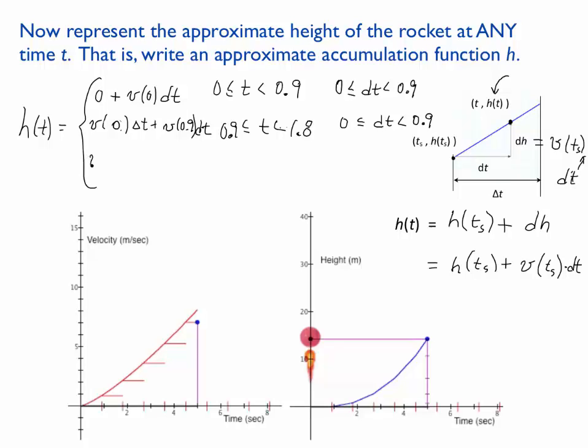The next one would be everything from the first interval plus everything in the second interval plus the current amount in the third interval, V of 1.8 times dt, from 1.8 to 2.7 as dt varies from 0 to 0.9.